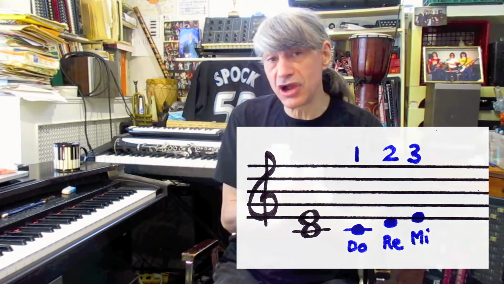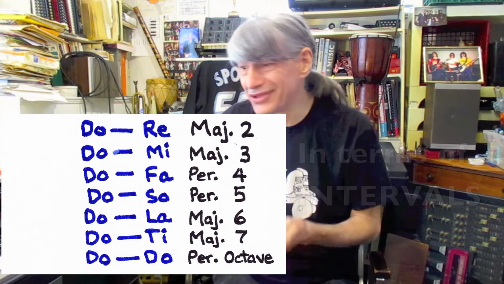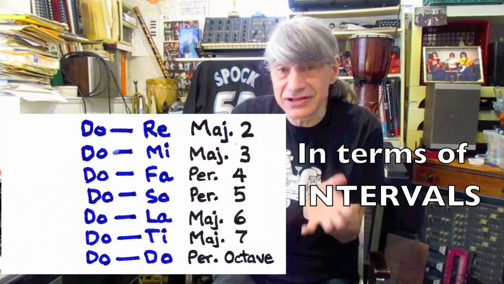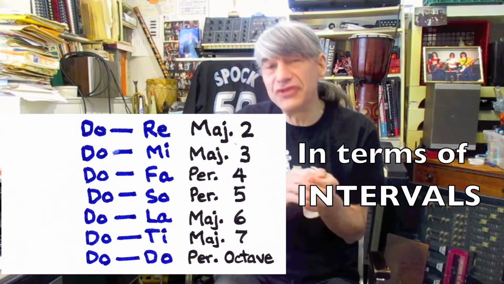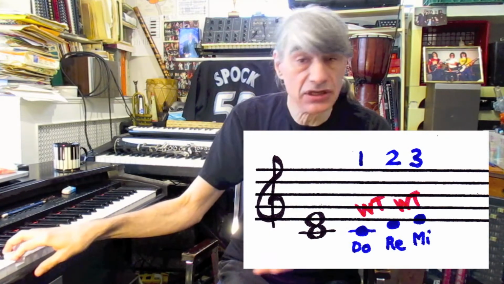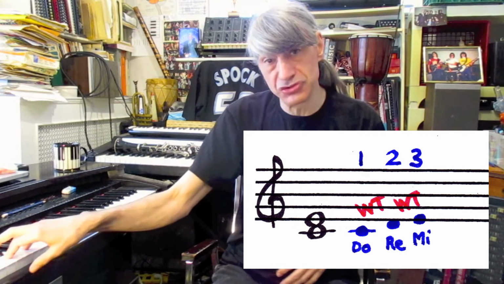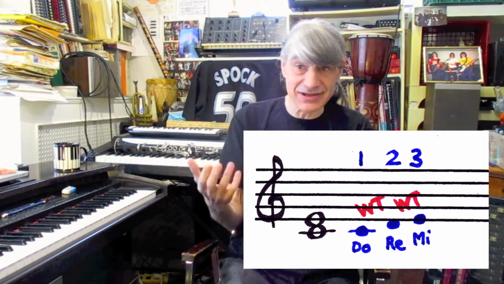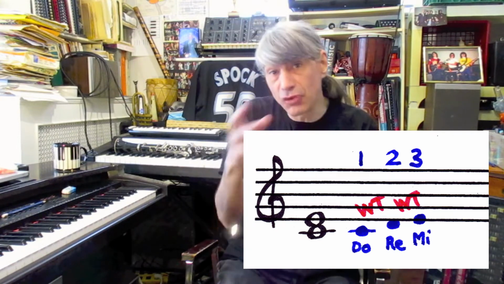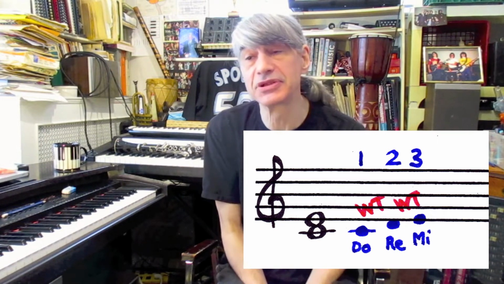The major comes from, well, a number of things. The definition of do to mi is a major third, but it fits into that whole tone. We start on the note, in this case C, and we go up a whole tone, two semitones, and then another whole tone, two semitones. And that is the definition of a major third, going up four semitones and also three scale steps.